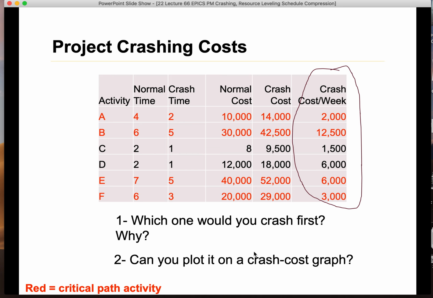Okay. So would you like to start with this one, like activity B? Oh yeah, I can hear you saying no because it's 12,500 just to crash it 1 week. Well, if I can crash something for 2,000 a week, then why not start from there, right? So that's the financial analysis that you want to do.